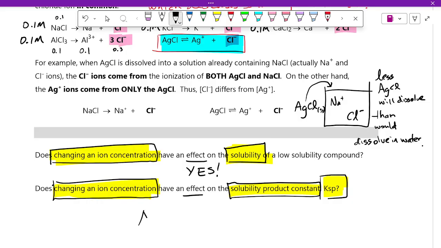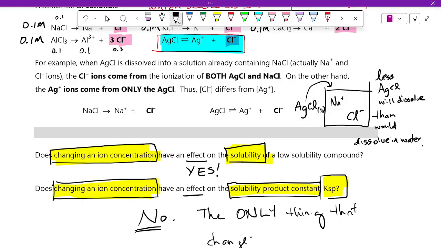No. The only thing that changes the Ksp is temperature. This is really highlighting once again how solubility and Ksp are two different concepts. They are related to one another, but they are not the same.